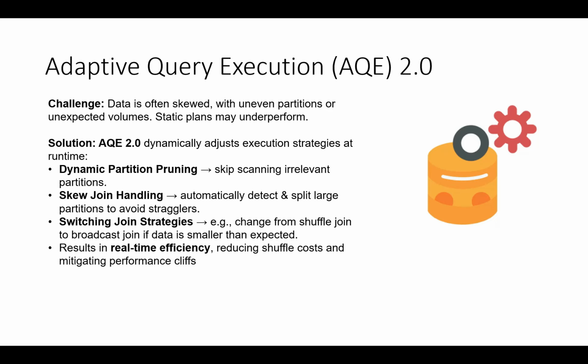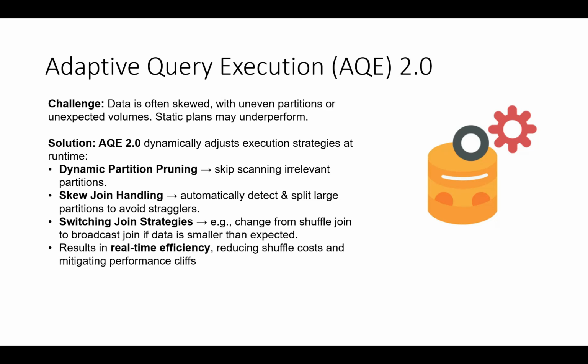In those cases, whatever static plans get created before execution won't know that at runtime the data is skewed. Some partitions are uneven. So when Catalyst optimizer was designed to only optimize the plan before execution, it would not know about skewness. It would not be able to dynamically adjust based on runtime stats.